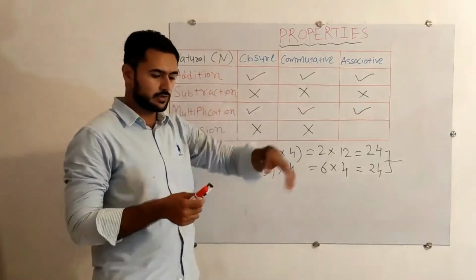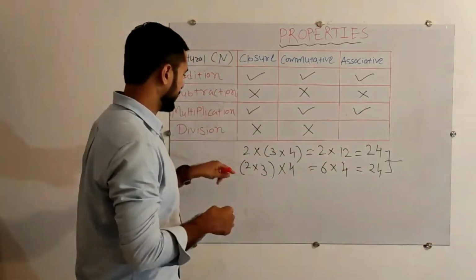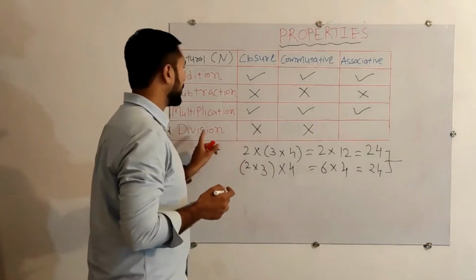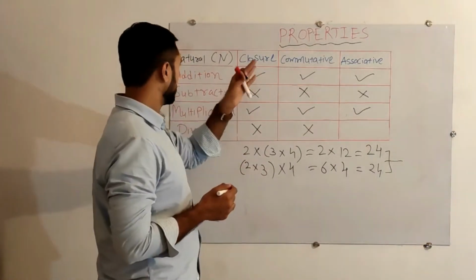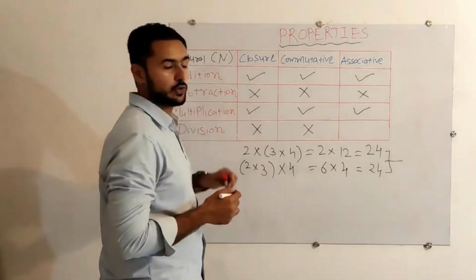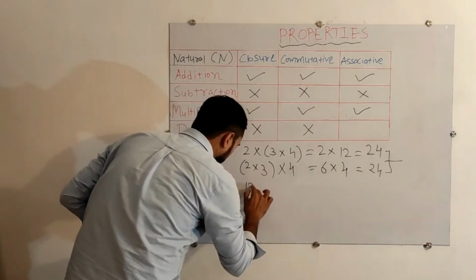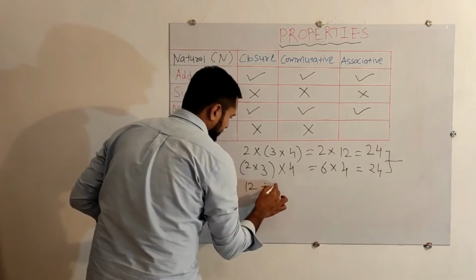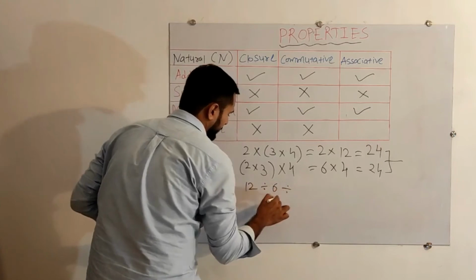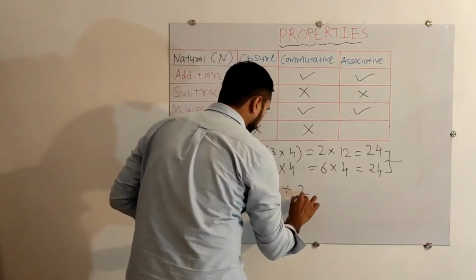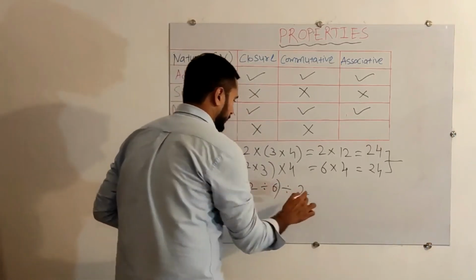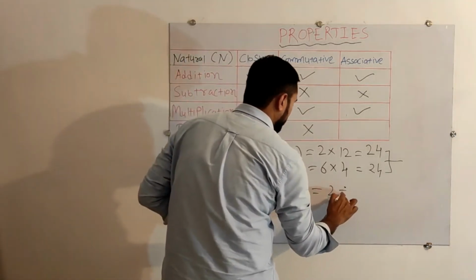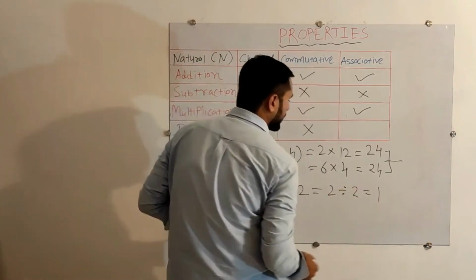Now for the division, for the associative, I am going to choose different numbers, not 2, 3, 5, because that is more convenient to find out whether division is associative for the natural numbers or not. So I am going to take 12 divided by 6 divided by 2. I am making this group first: 12 divided by 6 is 2, divided by 2 is equal to 1.